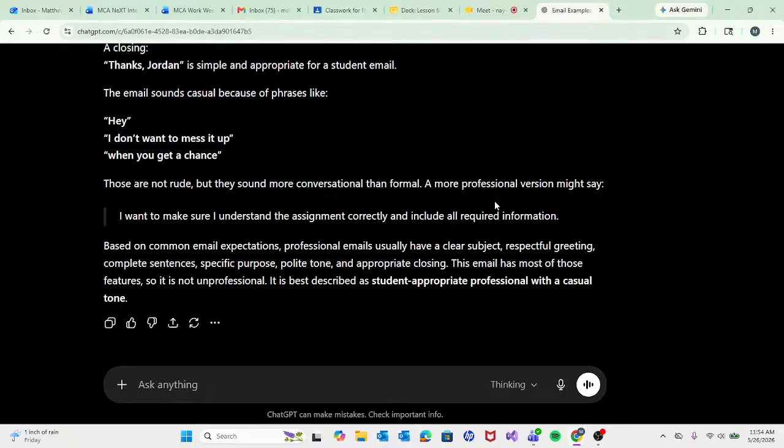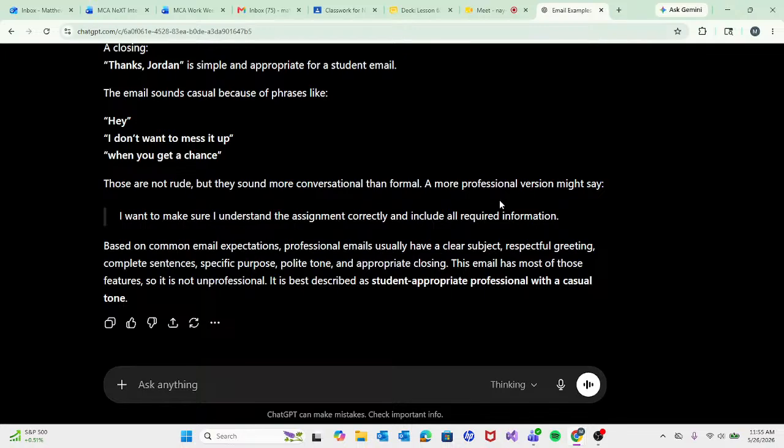Okay. So a more professional version, if it was needed, might be more of I want to make sure I understand the assignment correctly and include all required information. So that would be kind of us looking at the examples of the good ones for professional settings and the ones that are more for informal and casual situations.